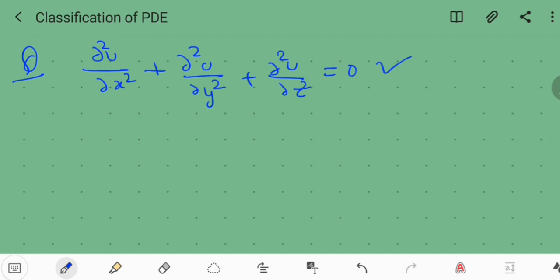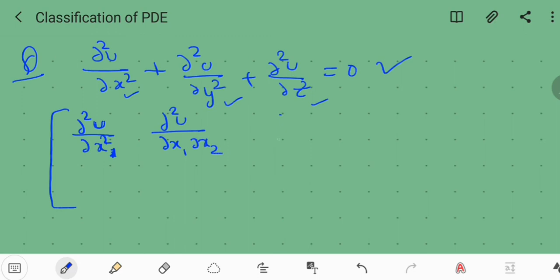Keep this in mind: whenever you have three variables, here x, y and z, it may be x1, x2, x3 or anything, you need to make a matrix. In that matrix you take the double partial differentiation of one function, let's say u, with respect to the variables.